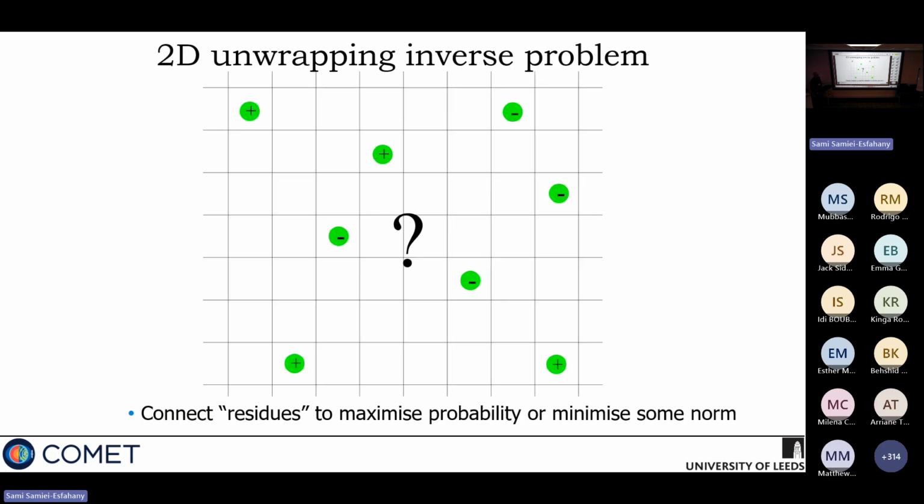But actually, you can do slightly better because you have more data, so you have a third dimension of data now. I'm not going to go into the 2D unwrapping problem in any detail at all. But typically, it involves identifying what are called residues, right? Your data points will be just the crossing points of these lines here.